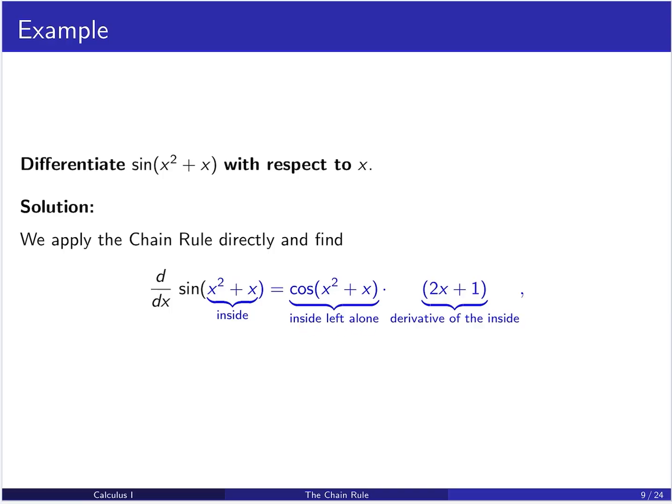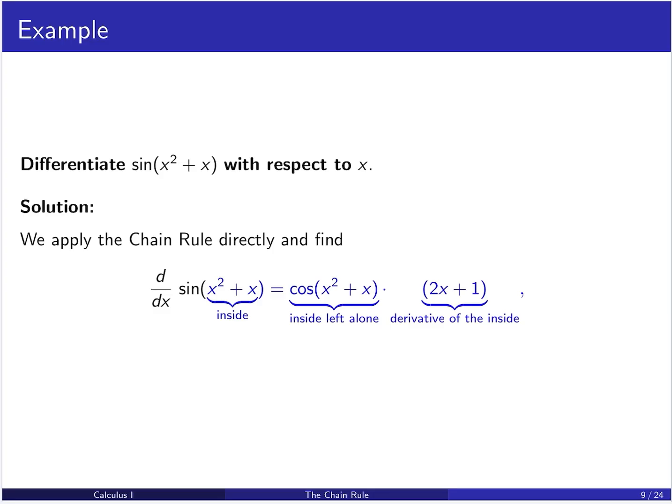Now differentiate the inside. The inside is x squared plus x. Differentiating x squared plus x gives exactly 2x plus 1. Now multiply both, so you have cosine of x squared plus x multiplied by 2x plus 1. Done. Let me repeat once again.